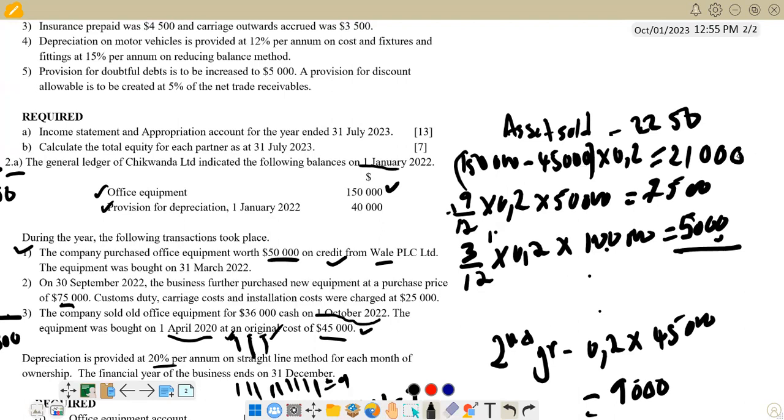Right. So we now add these to get the depreciation for the year. We have 2,250, and then we add 21,000, then 7,500, then 5,000. Let's add again to get the correct figure: 2,250 plus 21,000 plus 7,500, then we add 5,000.